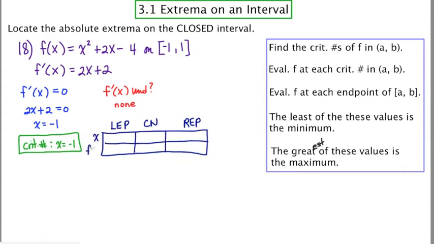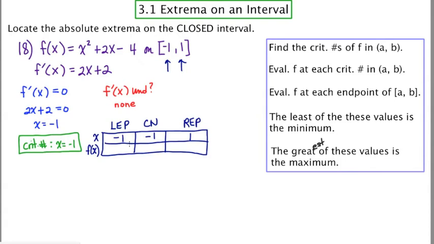This will be f of x. Our left endpoint's -1, and that's taken from here. Our right endpoint is 1, and that's taken from here. And our critical number was also -1. That's interesting. So I guess your critical number could be at an endpoint. Very, very interesting. So obviously these two things are the same. We don't have to do it twice or anything.